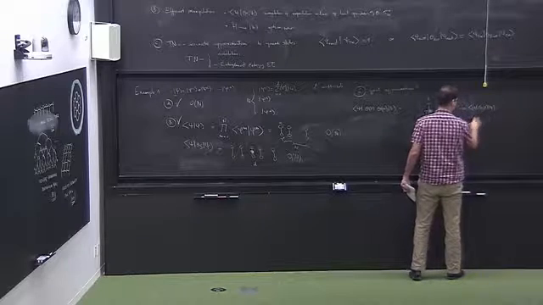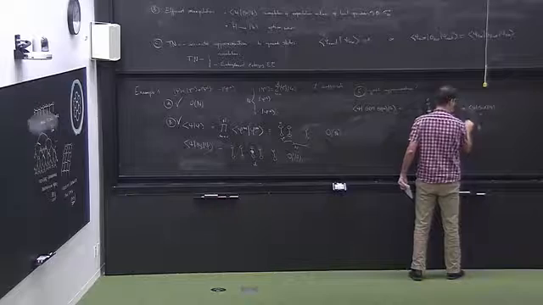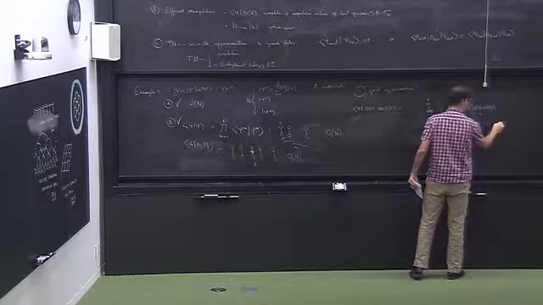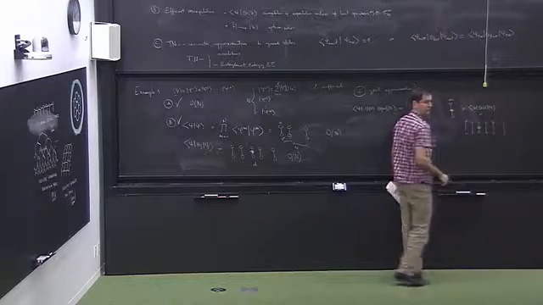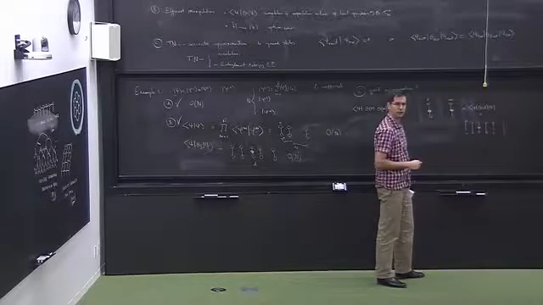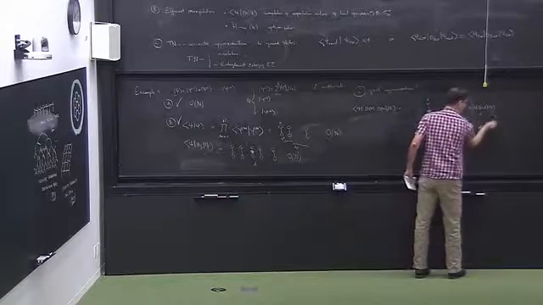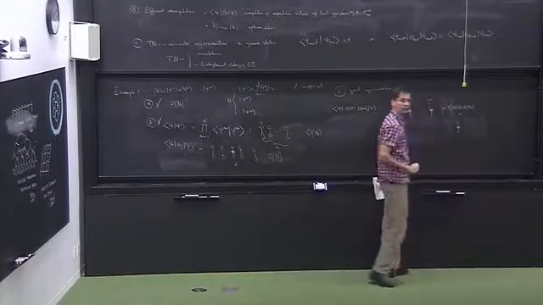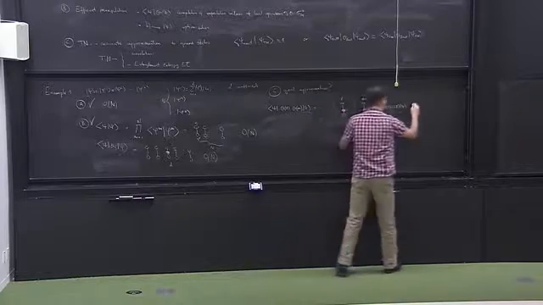This guy here would put an insertion on site M. This expectation value of a single operator would be of this form, and then we would argue again that this goes away because the state is normalized. So we have this expectation value here times this expectation value there.